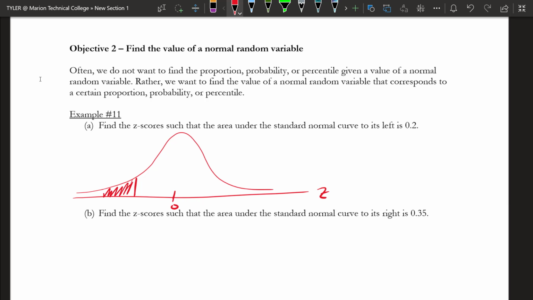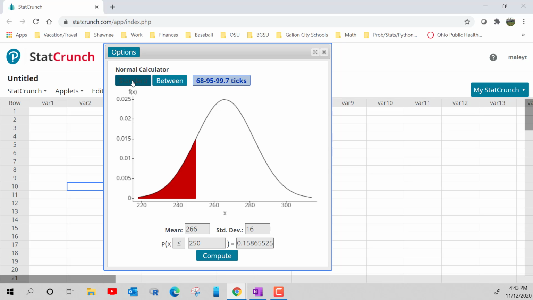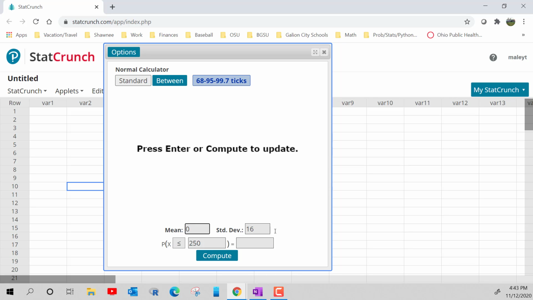So this area equals 0.2, and I want to find what's the z-score that corresponds with that, right? So you can use Statcrunch to find this, the same calculator, right? So if I go back to the standard, what I'm going to do is type in a mean of 0, a standard deviation of 1, and that's because we're dealing with z-scores, standard normal.